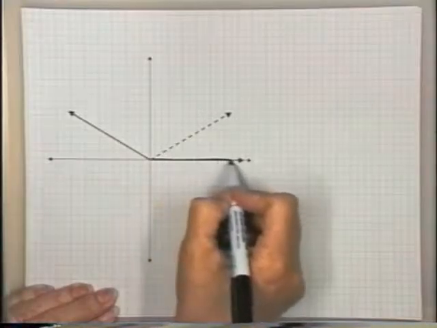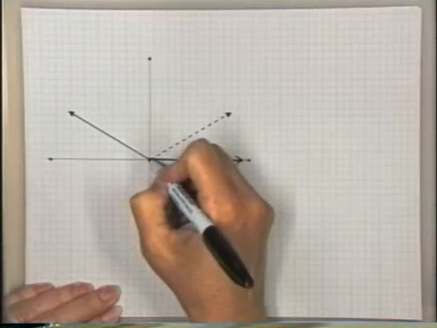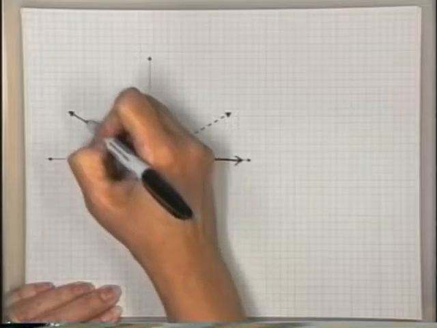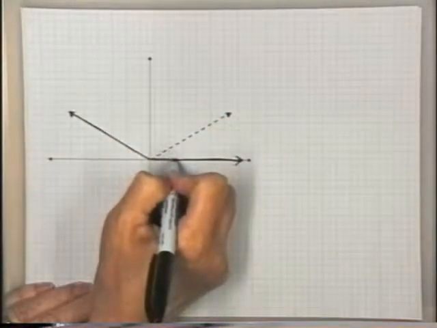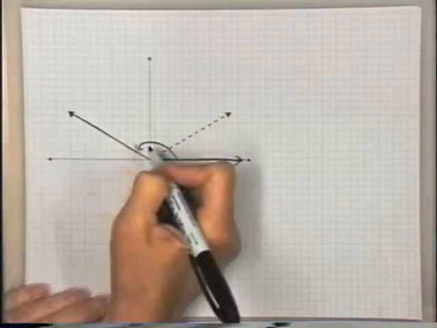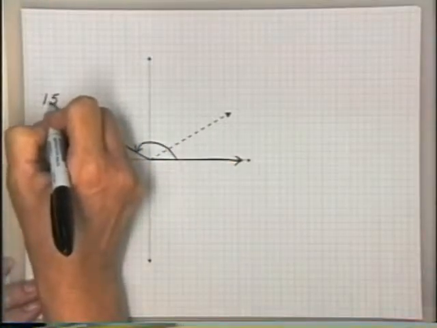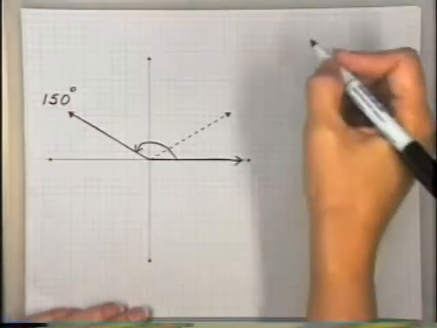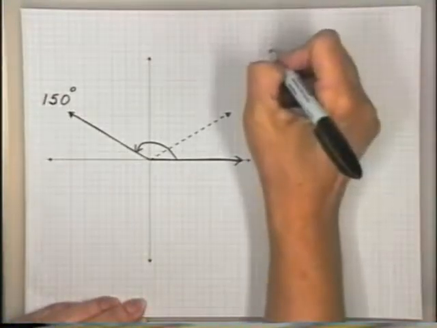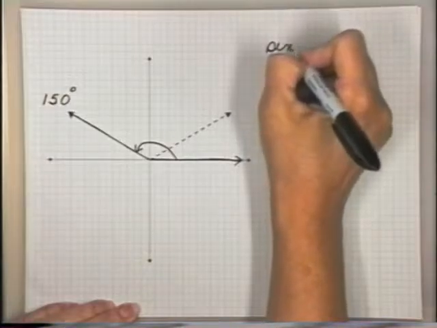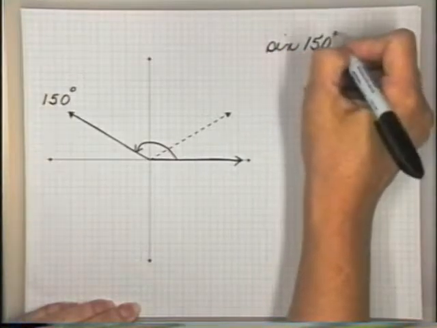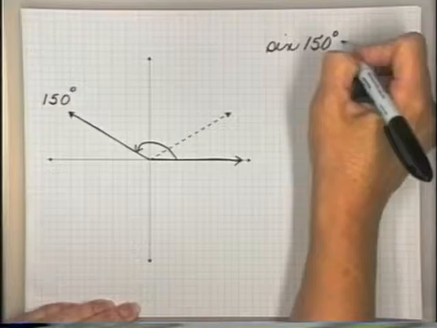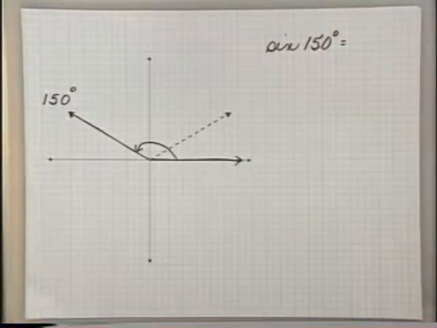First of all, initial side, terminal side, and this angle measures 150 degrees. And so what we're going to do here is to find the sine of 150 degrees, the cosine, the tangent, the cosecant, the secant, and the cotangent.